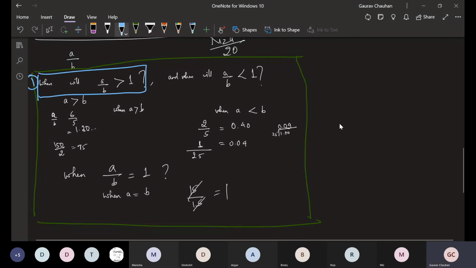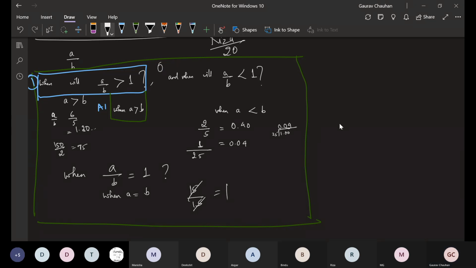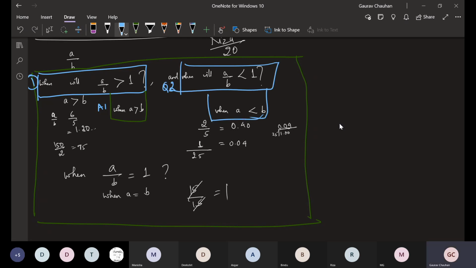This is the answer. Let me mark the answer in green. This is the second question. This is the answer. Write one or two examples also, just so that you understand. And this is the third question. This is the answer.